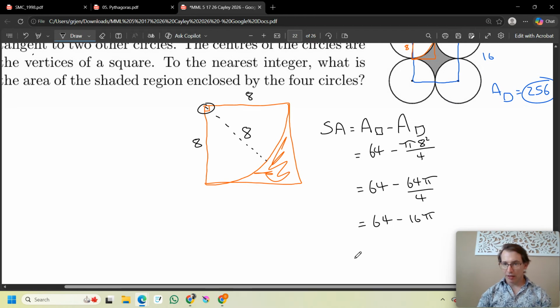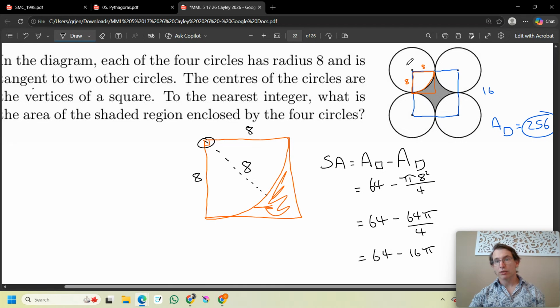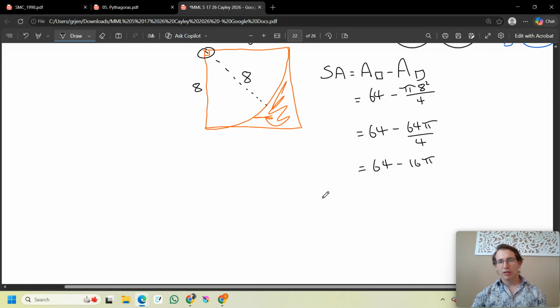But then we get to do something fun, which is find out this thing multiplied by 4. Because remember, what did we just do? We found out this area in here. So we need to quadruple it, because of course we have the same area there and there and there, in these spots. So let's quadruple this. So 4 times that shaded area is equal to, I like to do this by factorizing out, 4 multiplied by, factorize out a 16.